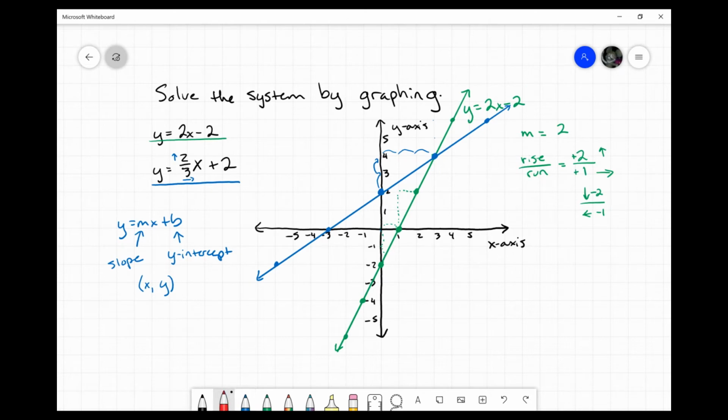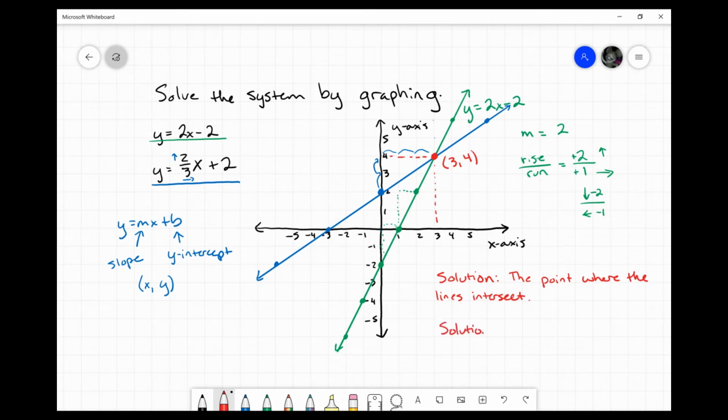I have graphed both lines, and now I need to find the solution. The solution is where the two lines intersect or meet, and I see that that happens right here, which is at the location of 3, 4.